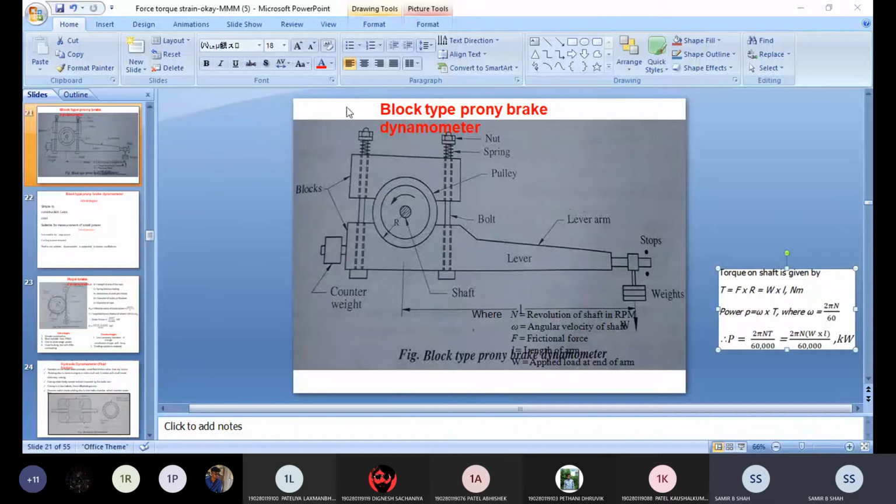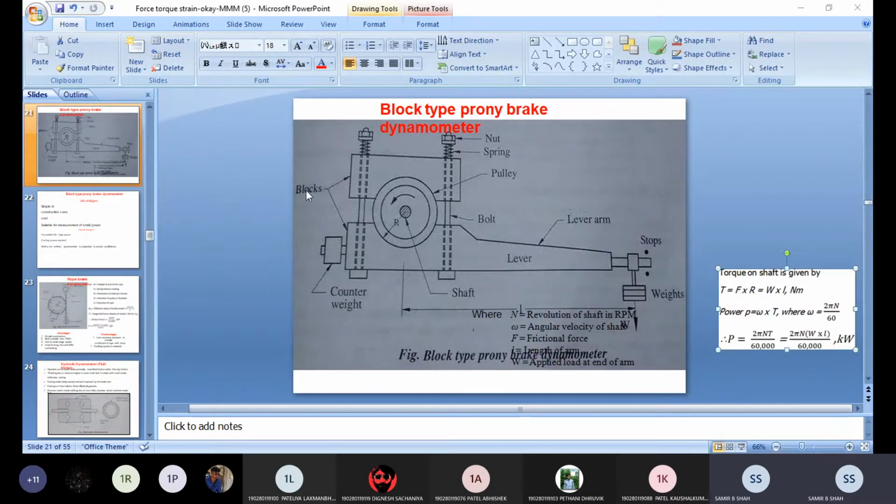You can see in the figure here two wooden blocks are given, which are mounted on a flywheel, which is attached to the rotating shaft. You can see here, this is the rotating shaft whose power is to be measured. We have to measure the power of this shaft.